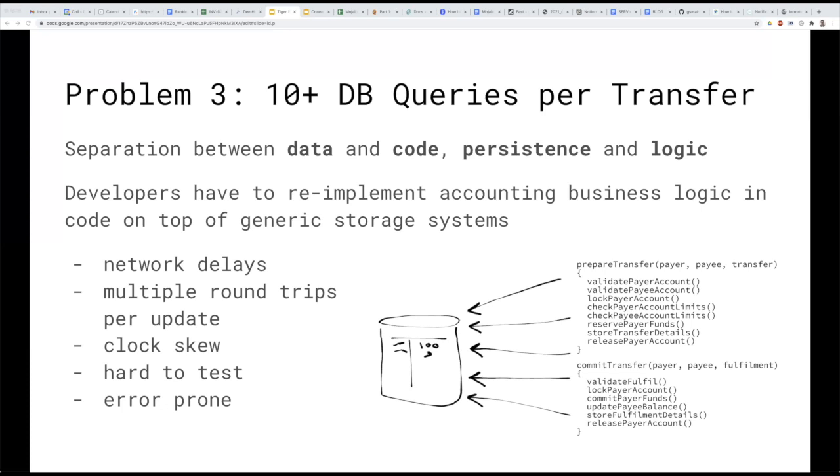It has its benefits, but the separation between data and code, or where you're persisting state and where you're executing the business logic, does mean a lot of back and forth between those two. And each hop adds delays, and potential for errors to be introduced.